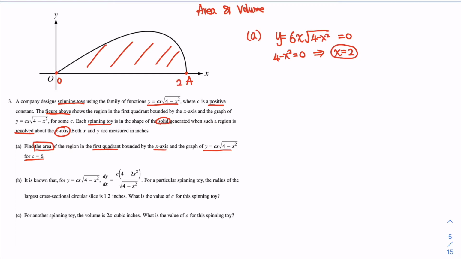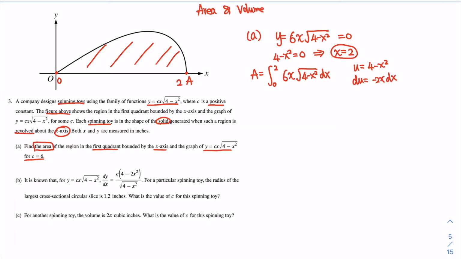Now we have the boundaries. The area will be given by integration from 0 to 2. We plug this function in. We just need to integrate this one. The best way to integrate this one is using u substitution. We define u equals 4 minus x squared, so du will be negative 2x dx.